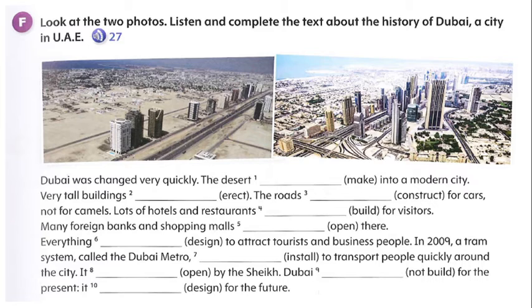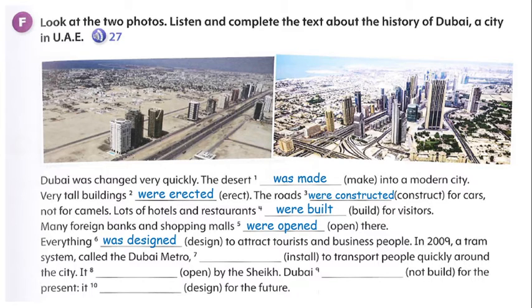So Dubai was converted. The desert was made into a modern city. Very tall buildings were erected. The roads were constructed for cars, not for camels. Lots of hotels and restaurants were built for visitors. Many foreign banks and shopping malls were opened there. Everything was designed to attract tourists and business people.